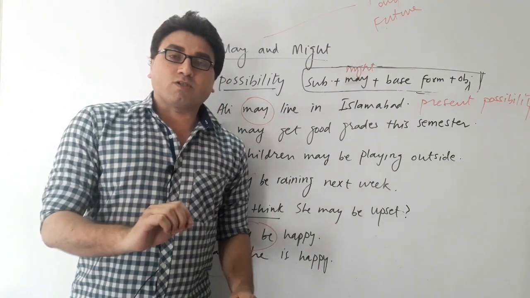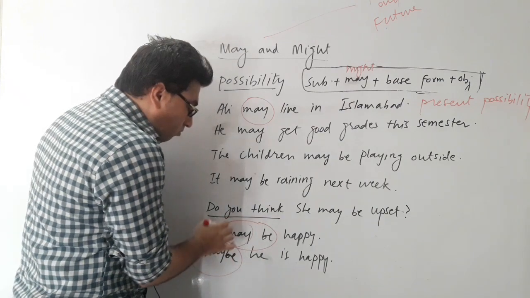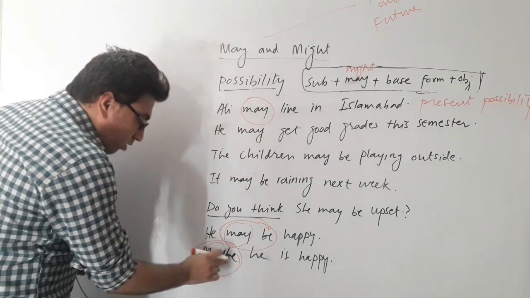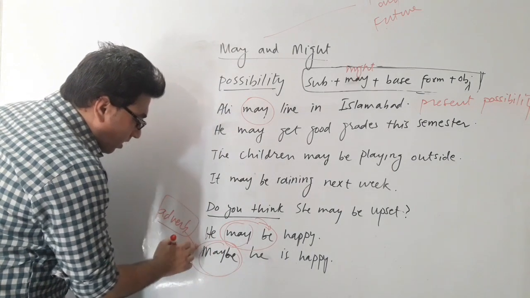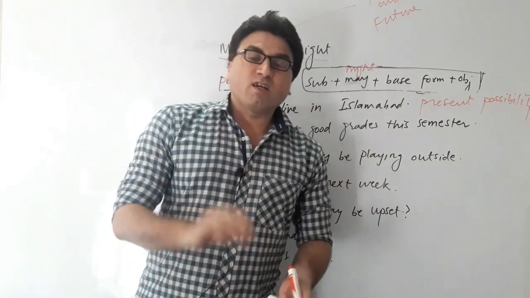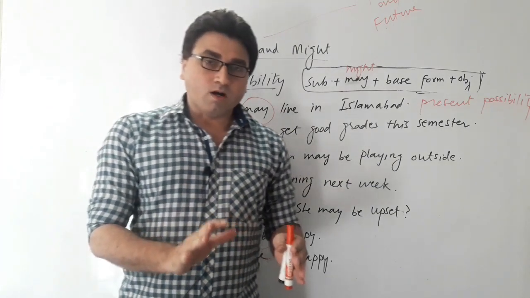But their constructions are completely different. Here it is a modal verb and I use a to be verb. And here it is one word and it functions as an adverb. Maybe he is happy. So the only difference is construction. Otherwise, the meaning is the same. I hope you got it.